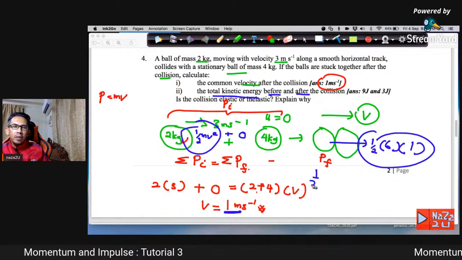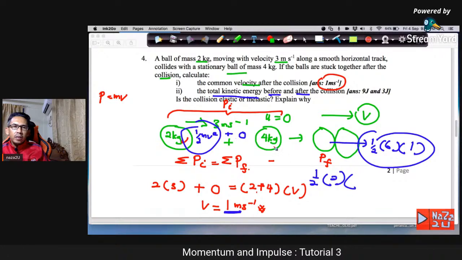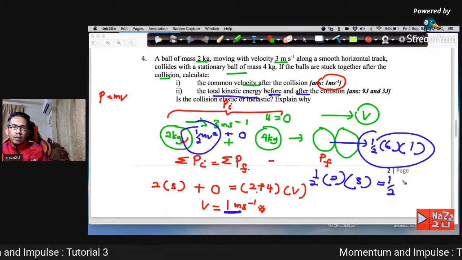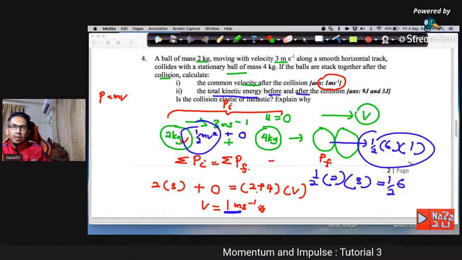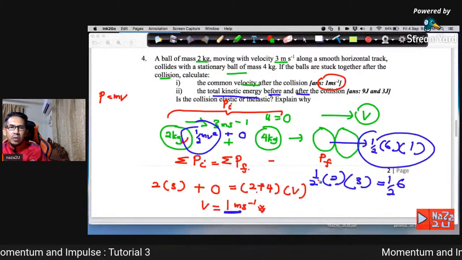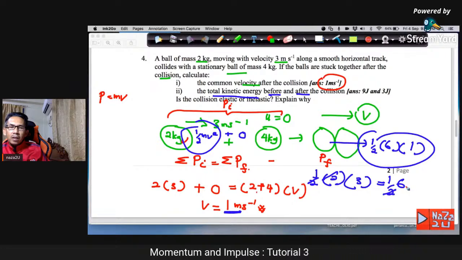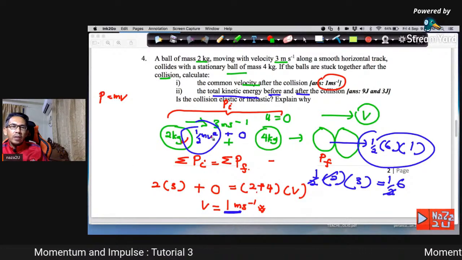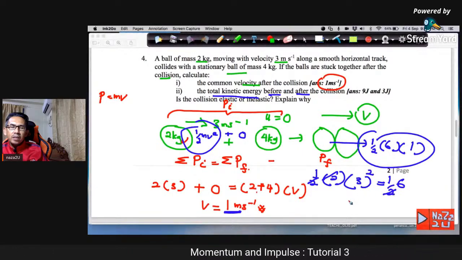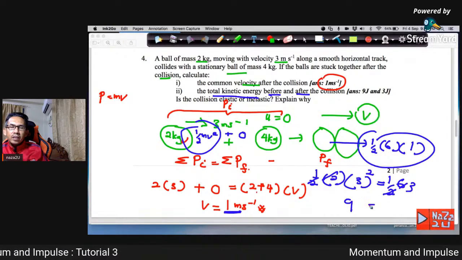Before is half, mass is 2, and the velocity is 3 squared. So if you calculate here, this is 9, and after is half times 6 times 1 squared, this is 3.